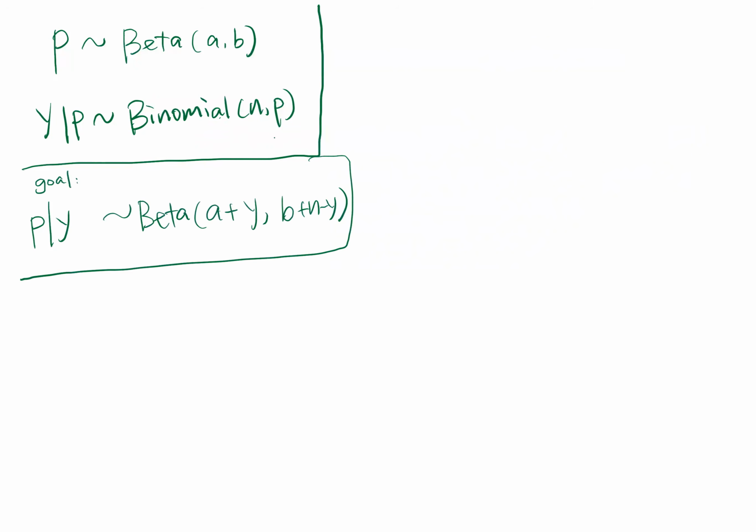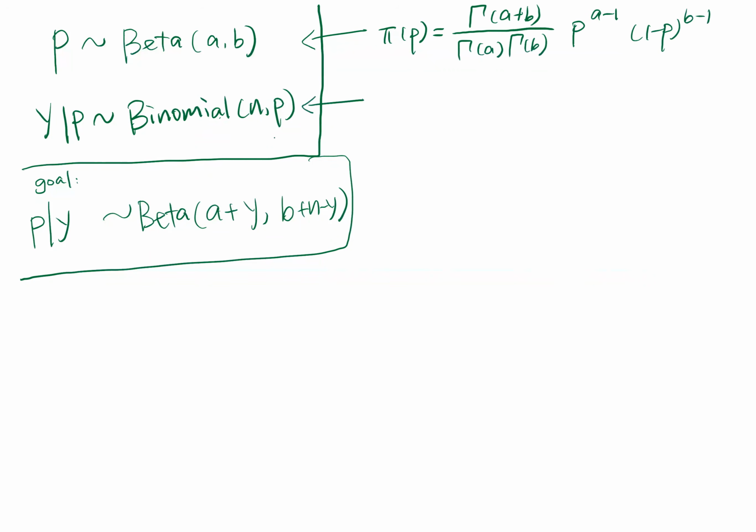One thing is, if P follows a beta distribution, then the density will be, just from the density of a beta distribution, P raised to a minus 1, and then 1 minus P raised to b minus 1, right? And then the density, which is now the likelihood function from the data, is what?